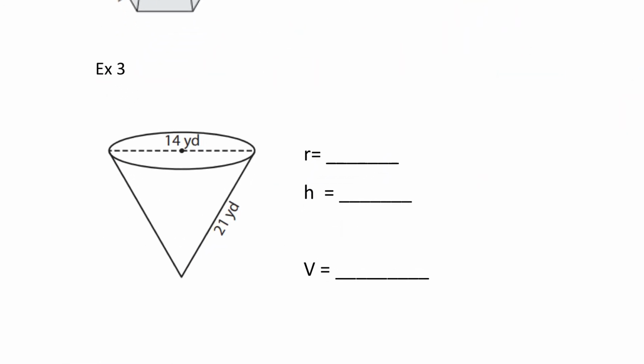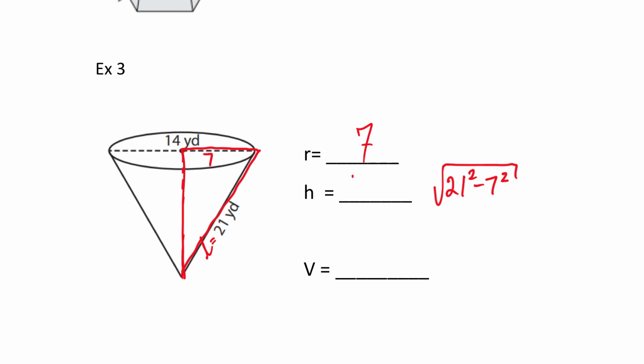All right, then on example 3, what's the radius of this cone? 7. What's the height? 13.7. Okay, good. Not 21. 21 is the slant height. So we have to do Pythagorean theorem here. So it's 21 squared minus 7 squared square rooted. And yeah, 19.8.